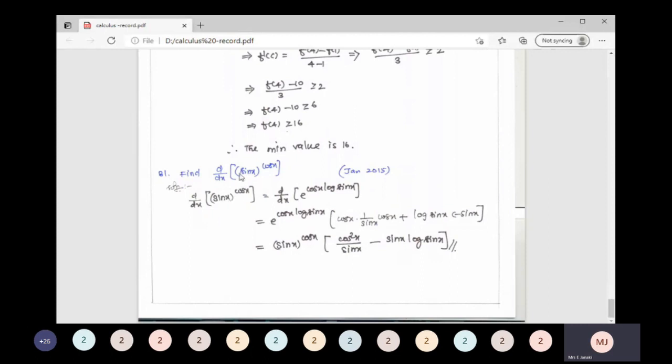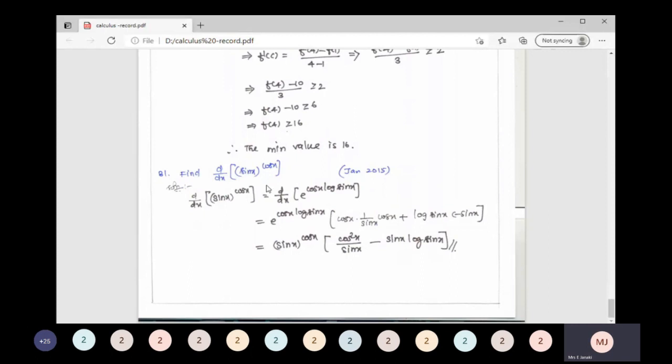We know that e to the power of log cancels. So sin x power cos x can be written as e to the power of log of sin x power cos x. And now we can apply the log m power n formula, so log m power n can be written as n into log m.